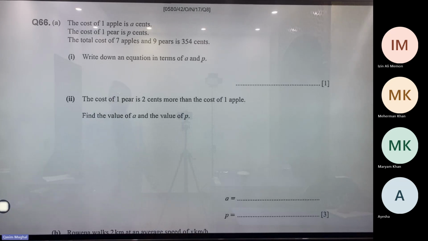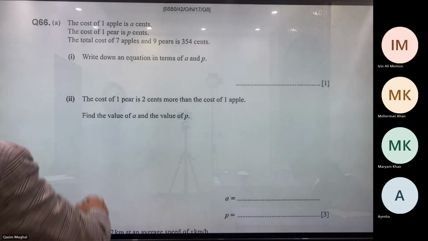Okay. The cost of one apple is A cents. The cost of one pear is P cents. The total cost of 7 apples and 9 pears is 354 cents.